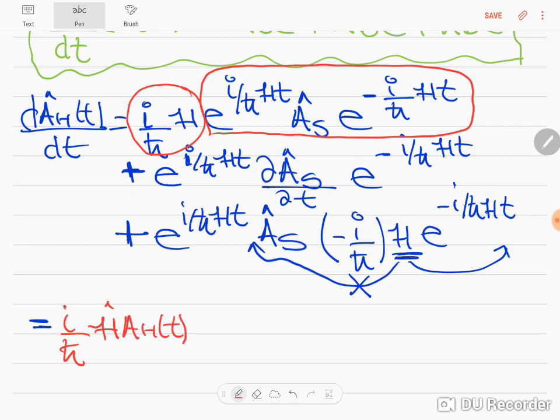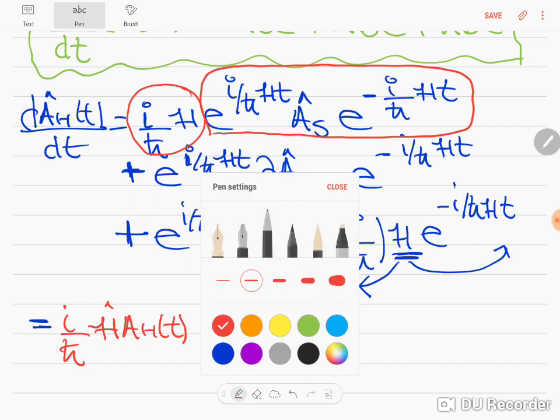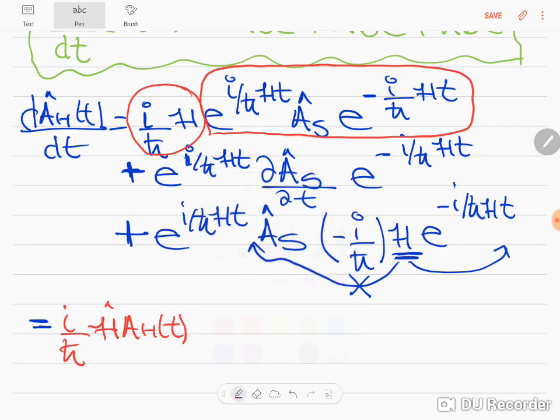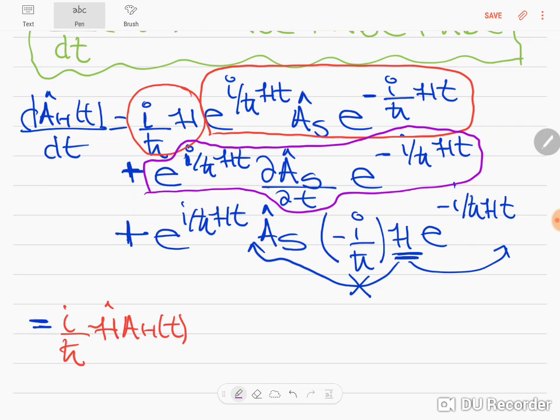Okay, so now in a different color, let's use purple. We will highlight the second line, which is rather unimportant in our development. It is nothing but the partial derivative of operator A in the Schrödinger picture written in the Heisenberg representation.